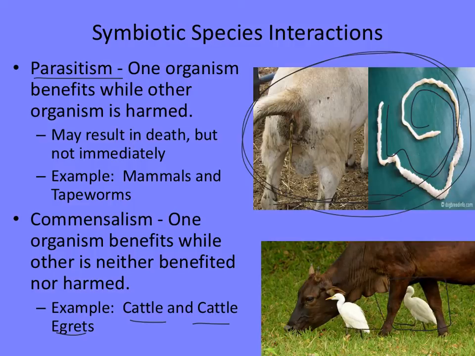Because cows are so big and chunky, when they move, all the stuff in the grass moves out of the way. And then those small little creatures that move away from the cow are good pickings for the egrets. So the egrets get a meal and free prey services from the cows, but the cows don't really get much from the egrets. So that's a good example of commensalism.